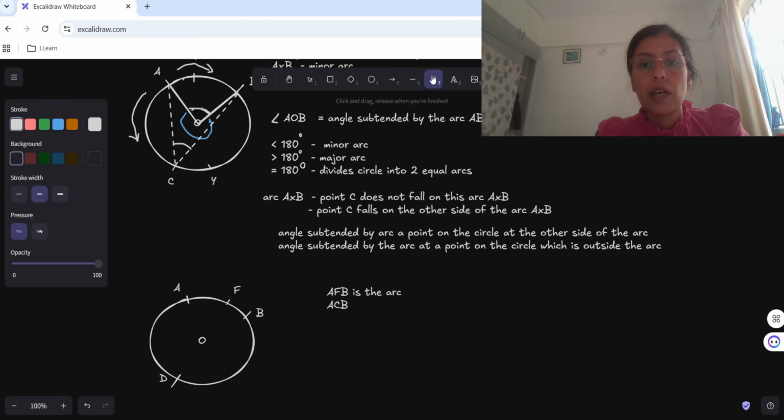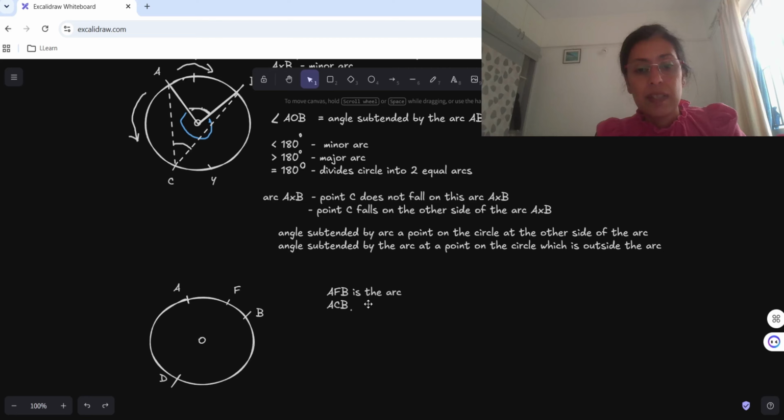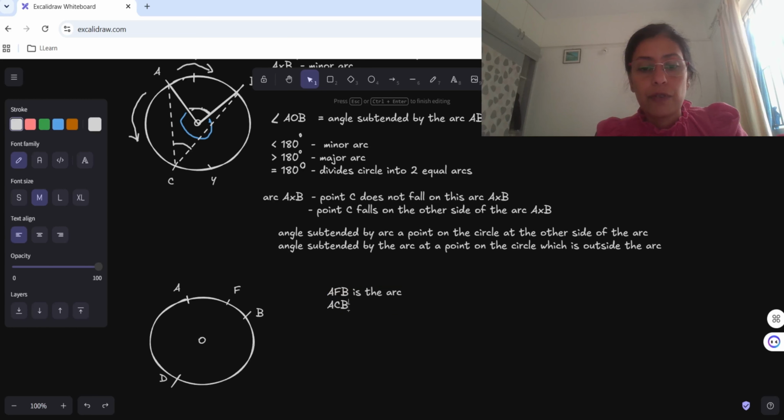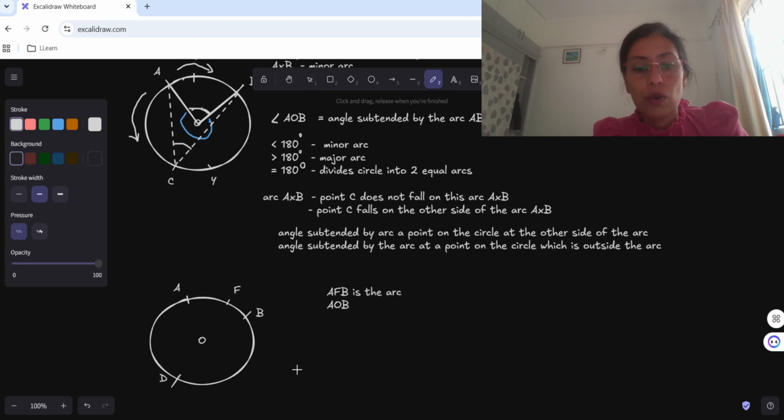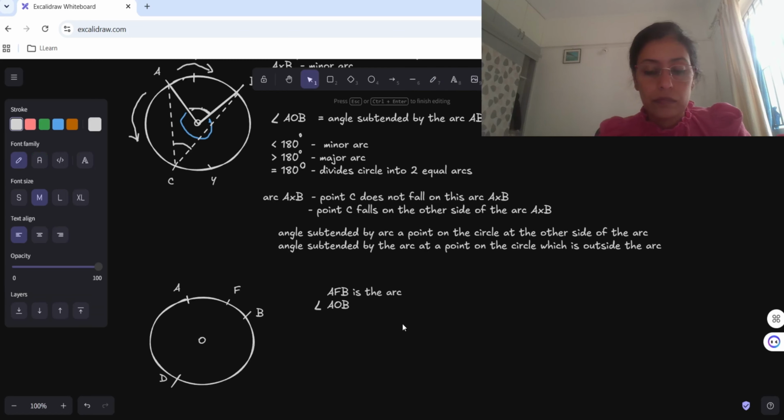Sorry, it's not C. I have defined the center of the circle as O. Okay, so angle OAB is the angle subtended by the arc at the center of the circle.